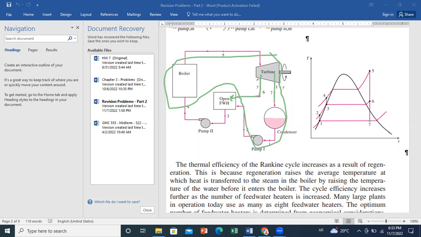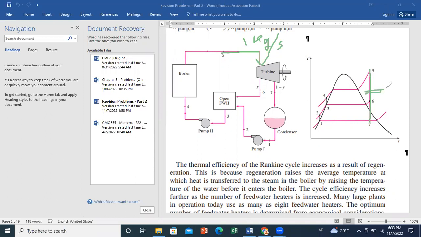We'll have the flow rate at point 5. Okay, so let us say we'll do the analysis per kilogram. Let us say I have 1 kilogram per second coming from the boiler. Now, instead of having this 1 kilogram per second completely expanded in the turbine in order to have a work output, I will do the following.